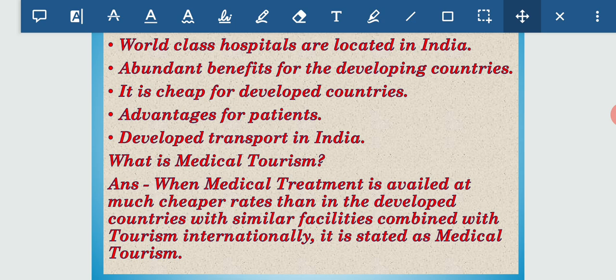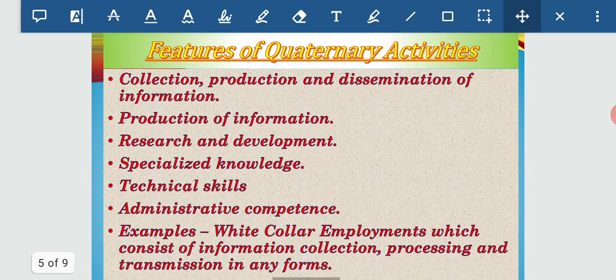So this is stated as medical tourism. Now the next type of activity is quaternary activity. Quaternary activity means the developed form of services.